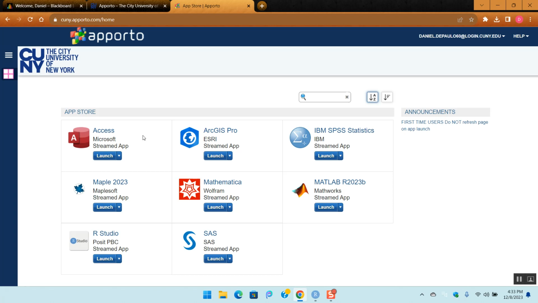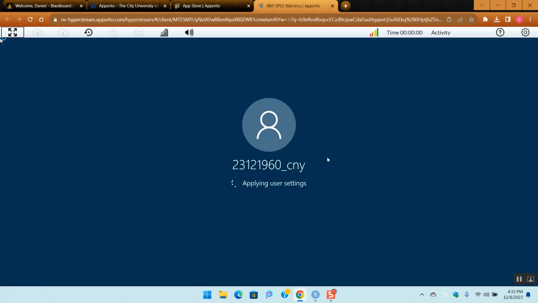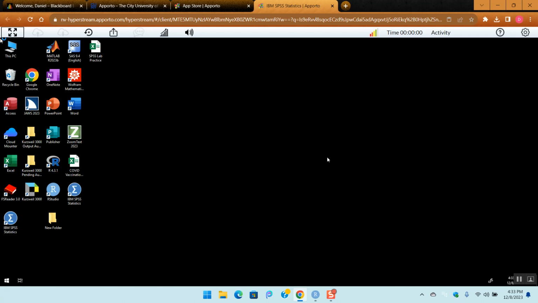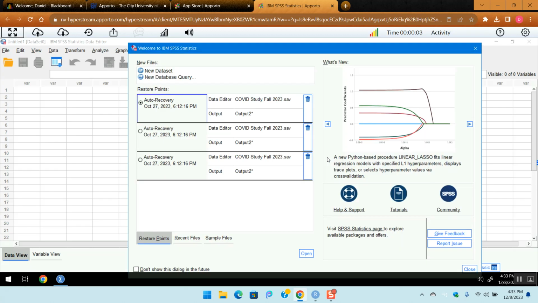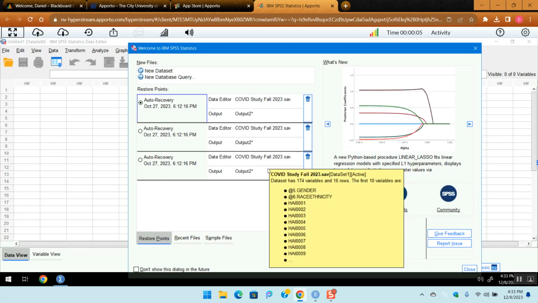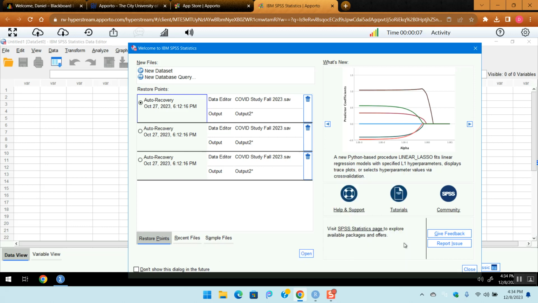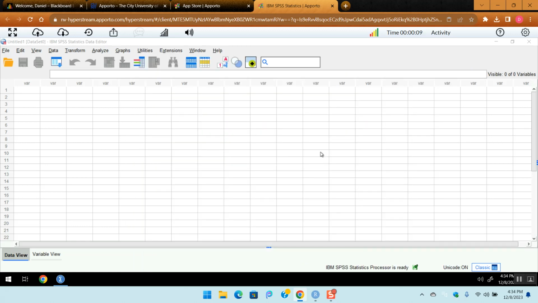Okay, so now IBM SPSS Statistics, and I will be here in Oporto. What I want to do now is open everything in Oporto.